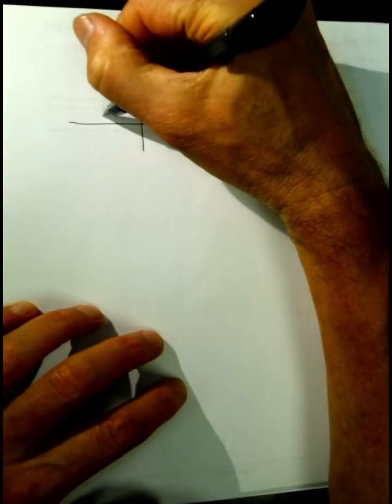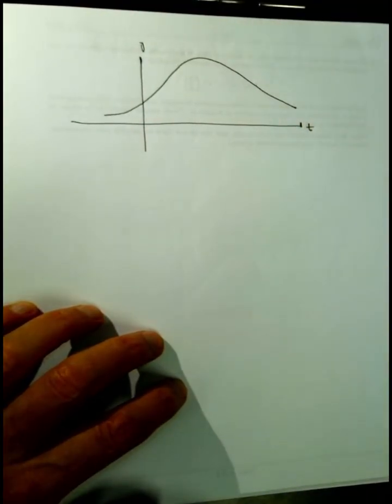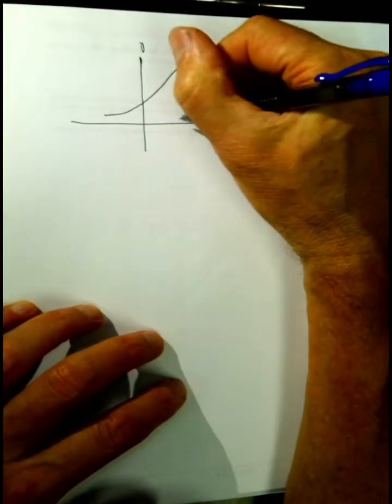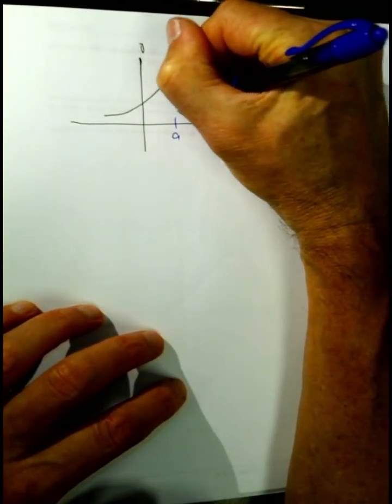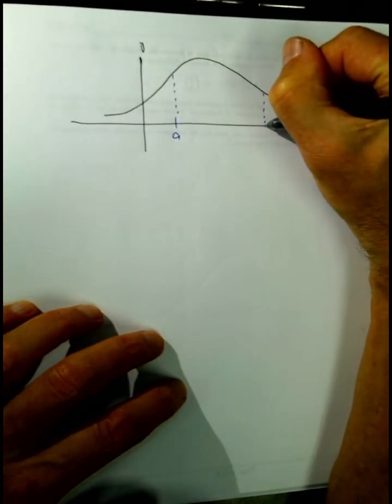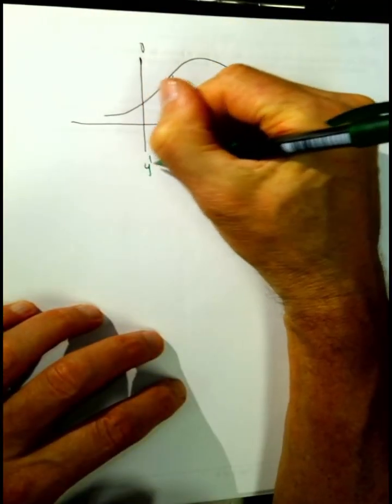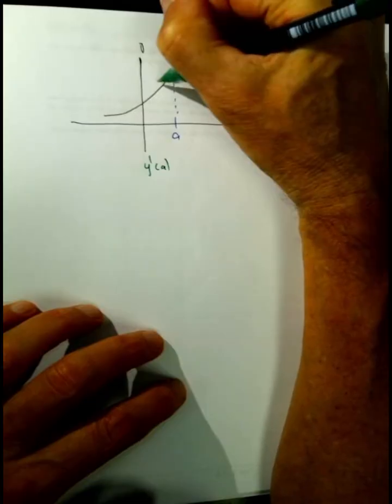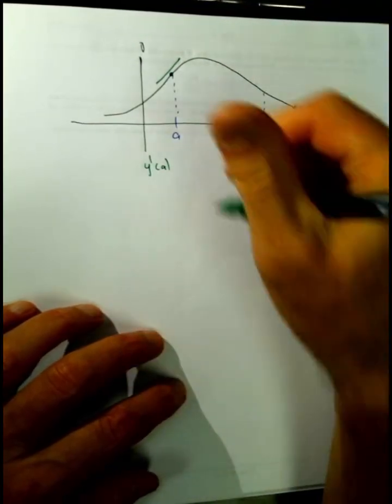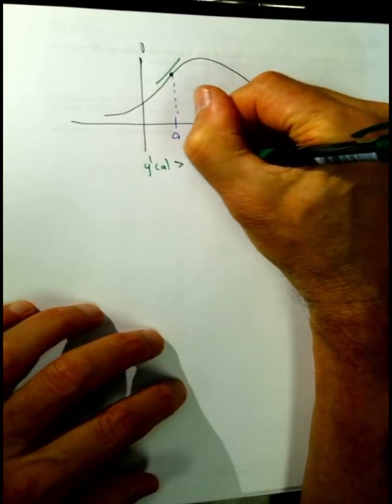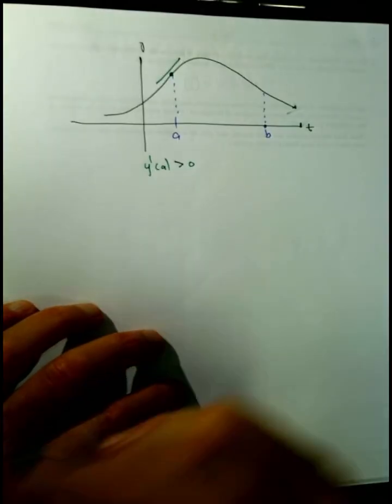So suppose this is my function, and I'm looking at two different points. So at A, if I have this, my function is increasing, which means that my derivative is positive.